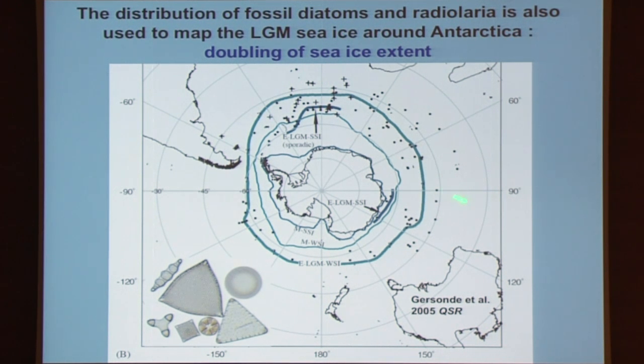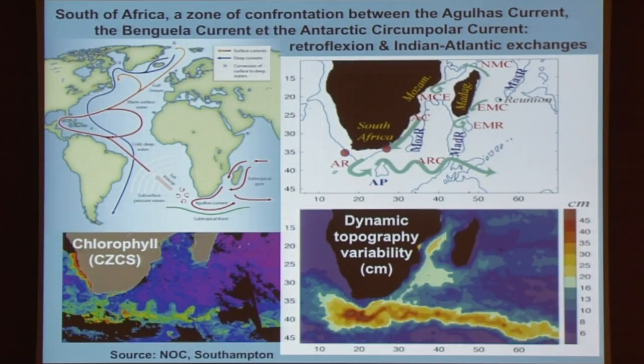This is the extent of the winter sea ice of today, and this is the extent during that time period. So clearly, when we take into account the surface, there is basically a doubling of the sea ice extent during that time period.